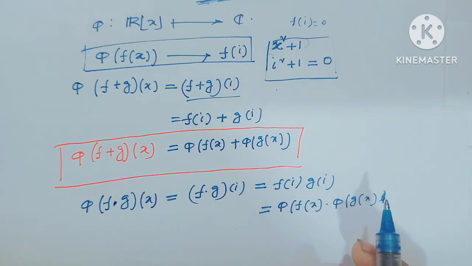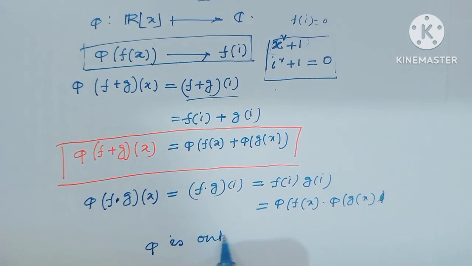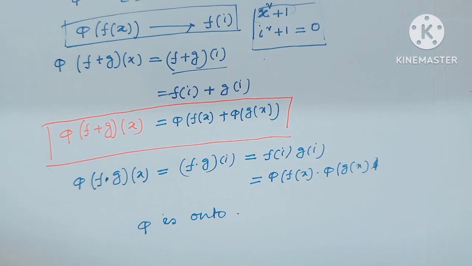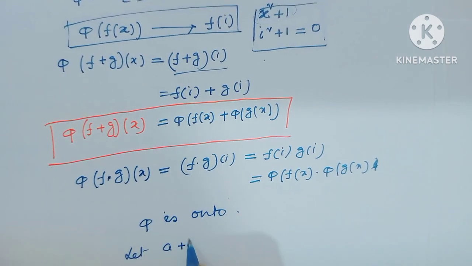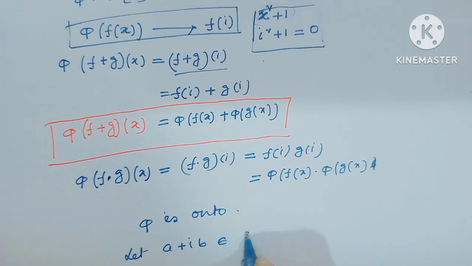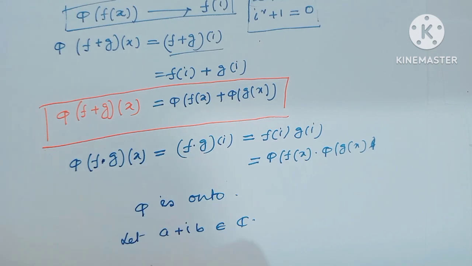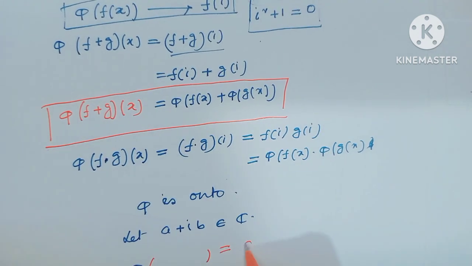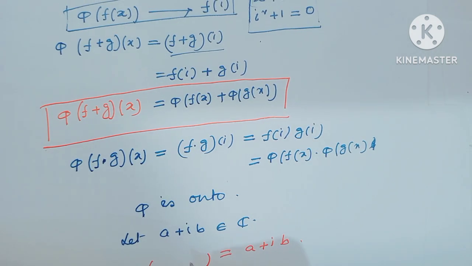Now we need to prove φ is onto. For this, consider an arbitrary a + ib belonging to the complex numbers such that φ of this equals a + ib. And how does the polynomial look?